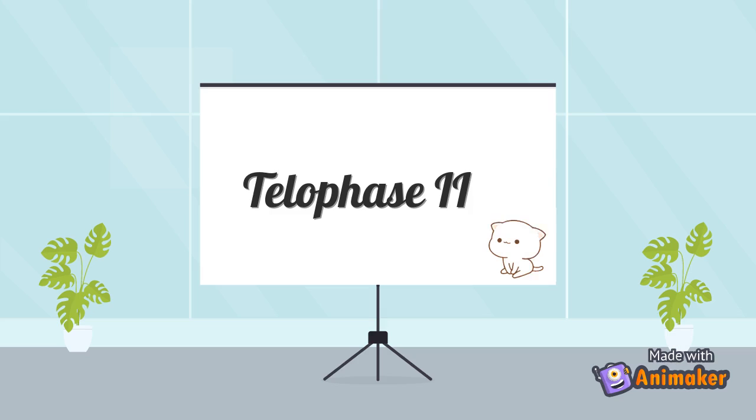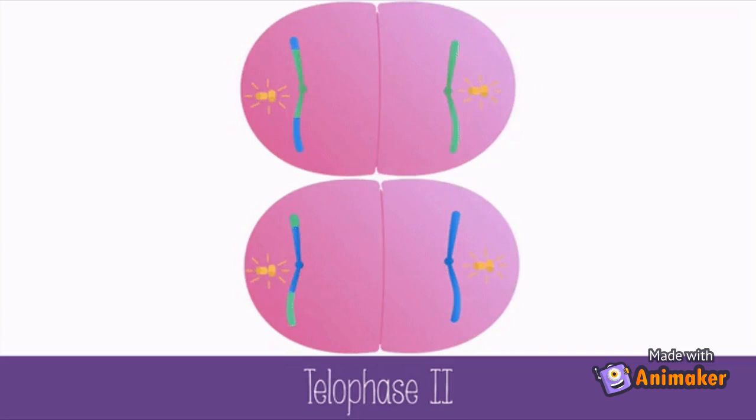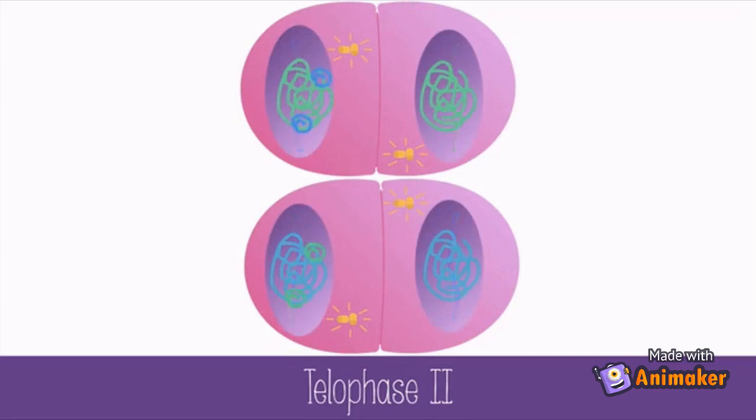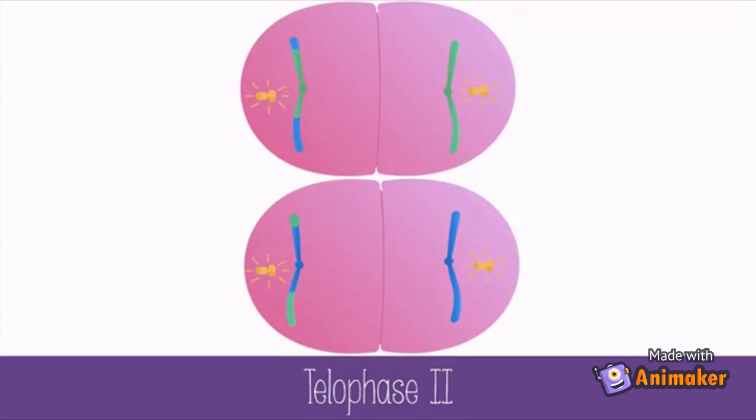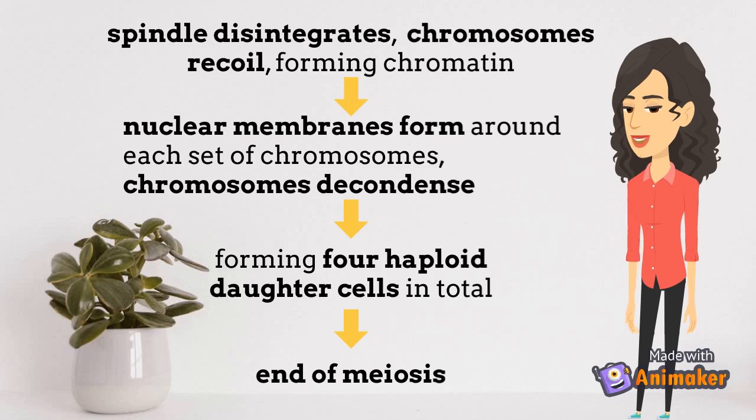Next, let's jump into the last phase in Meiosis 2, which is telophase 2. Basically, in telophase 2, the spindle fibers will start to disintegrate, causing the chromosomes to recoil and form chromatin.